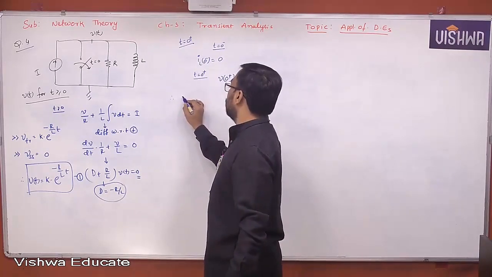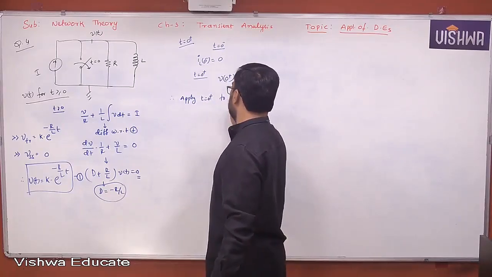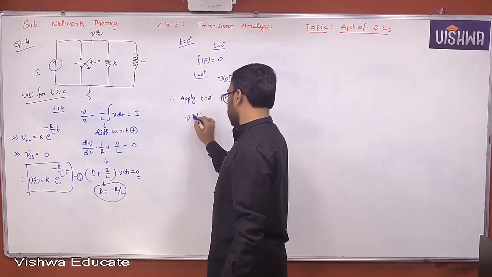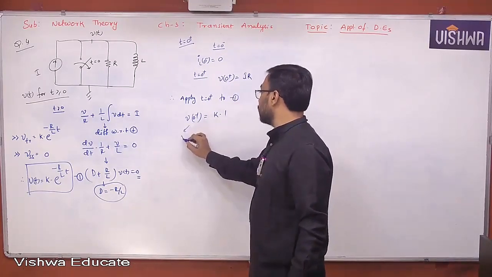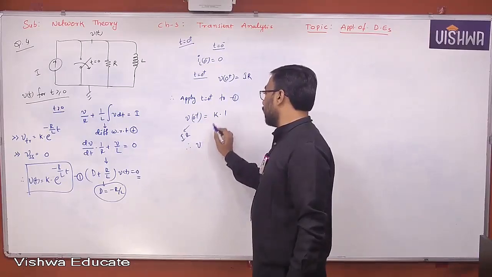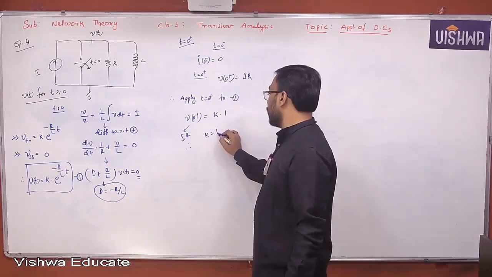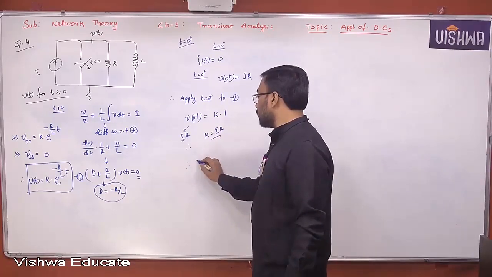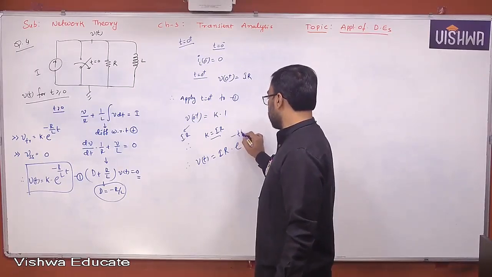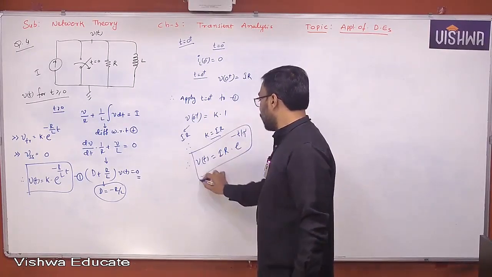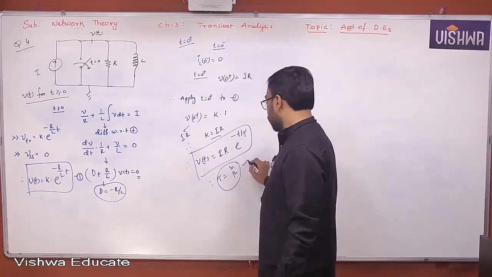Therefore, now apply t equal to 0 plus to equation 1. Then V of 0 plus will be k into 1. But this is IR. So k is equal to IR, and you get the response V of t is equal to IR e power minus t by tau, where tau is equal to L by R. It's a time constant.